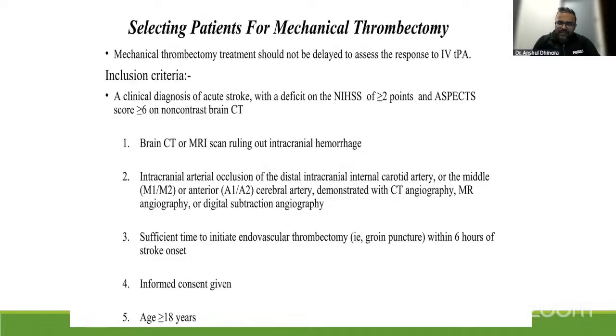Inclusion criteria are: a clinical diagnosis of acute stroke with deficit of NIHSS of more than 2 points, an ASPECTS of more than or equal to 6 on non-contrast brain CT and MRI scan ruling out intracranial hemorrhage, intracranial arterial occlusion of the distal intracranial ICA or a middle or anterior cerebral artery demonstrated on CT angio, MR angio or digital subtraction angiography, sufficient time to initiate endovascular thrombectomy within 6 hours of stroke onset, informed consent, and age more than or equal to 18 years.